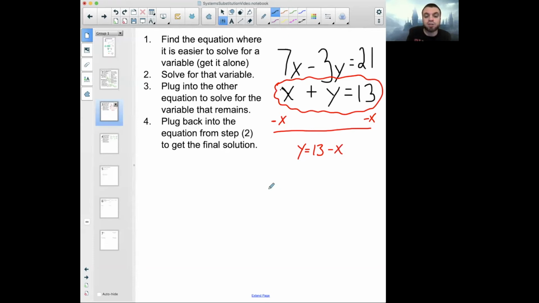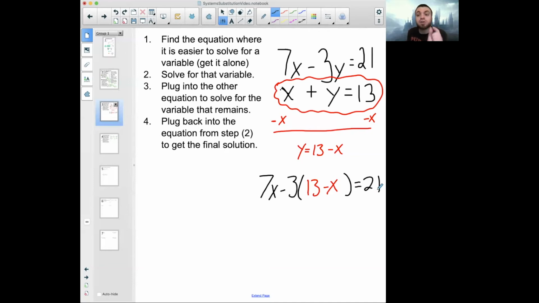And then I can say, what about the first equation? I can take the 3, but wait a minute, instead of writing y, I know that y is equal to 13 minus x. So writing y and writing 13 minus x doesn't matter because they're the same thing.